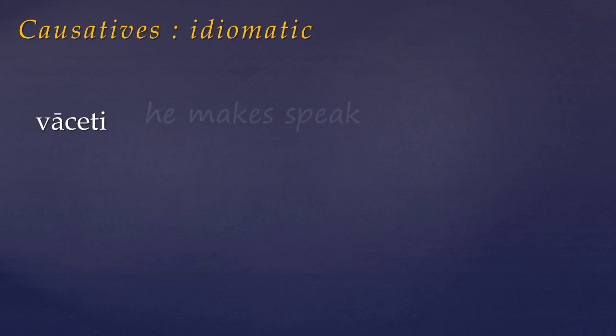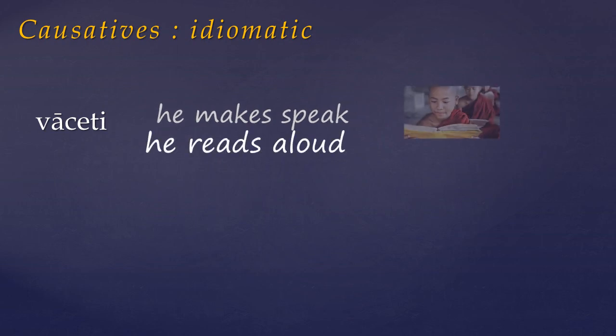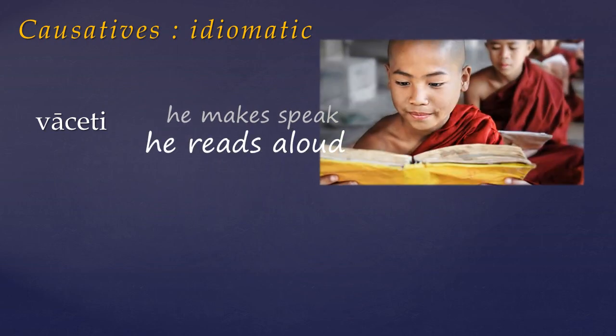And finally, although the literal meaning of a causative verb may be the straightforward causal one, quite often they take a more specialised or idiomatic meaning. So for instance, from the verb vach, to speak, the straight causative would be he makes speak, but it's actually used to mean he reads aloud or he recites.